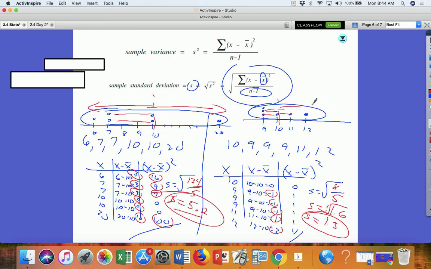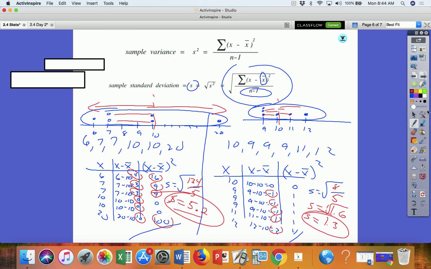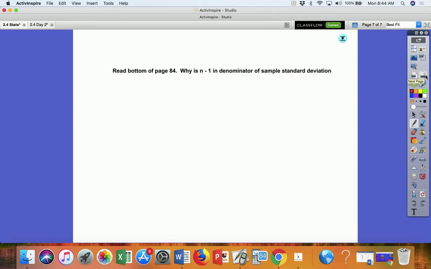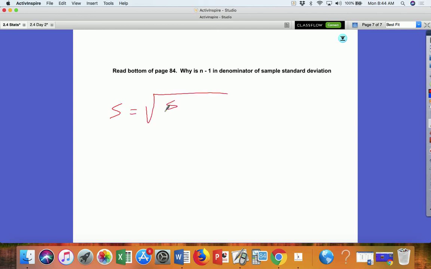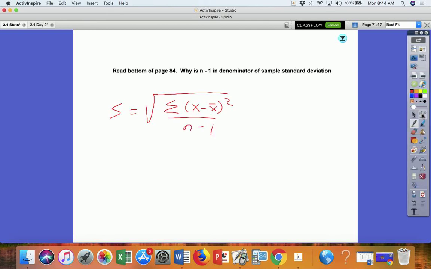Let's do one final thing. Okay, so looking at the formula, I'm going to number what you do first. What's the first thing that you would have to do in using this formula?